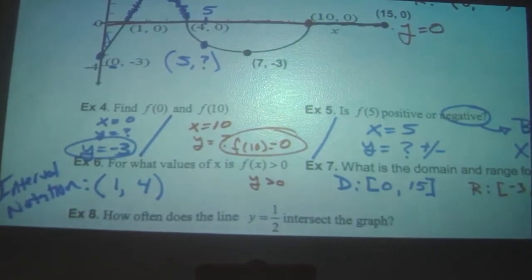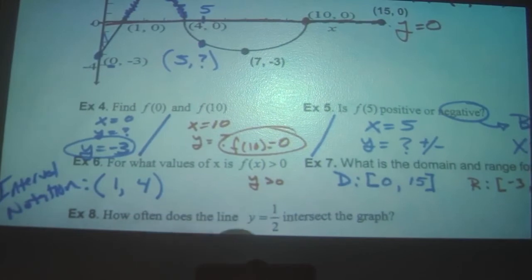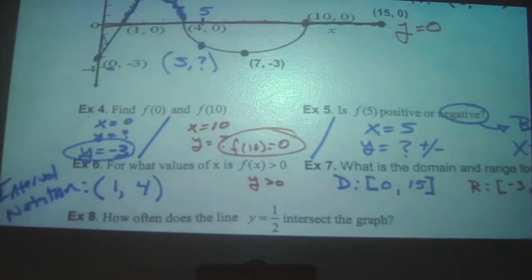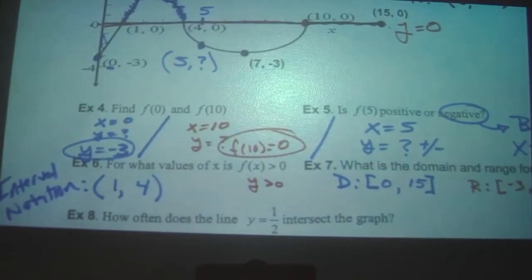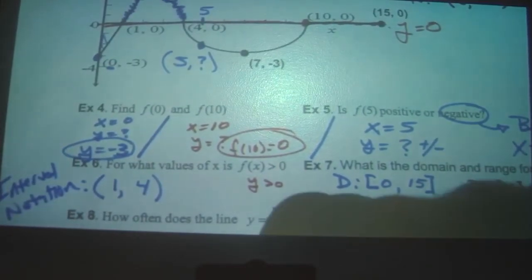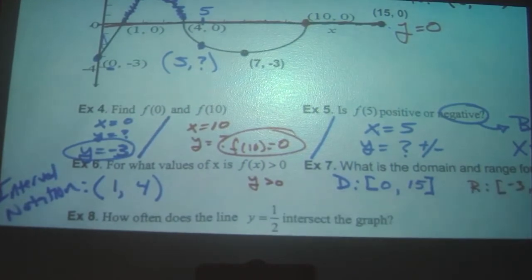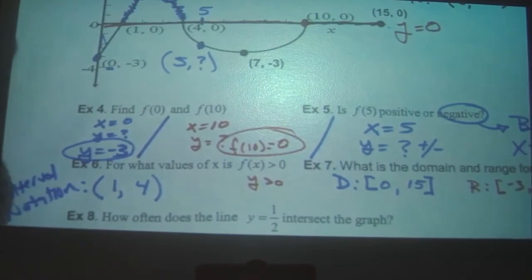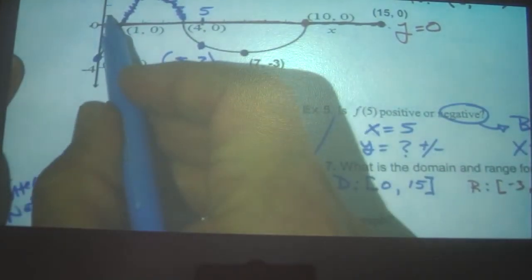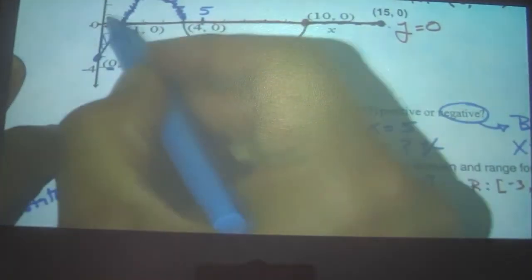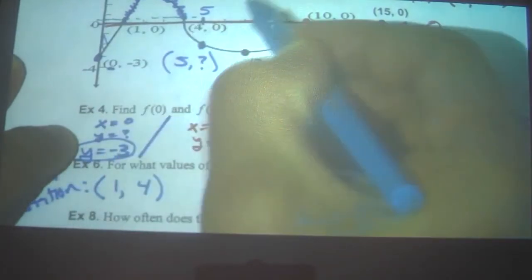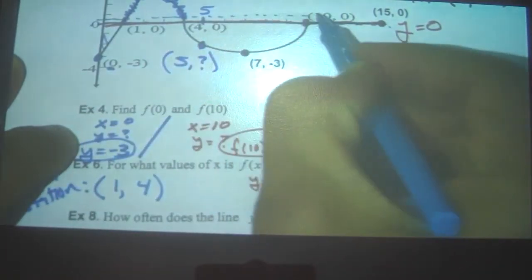All right, last but not least, I got how often does the line y equals 1/2 intersect the graph? Okay, so again, y equals a constant has 0 slope, horizontal. If I have a horizontal line, it's going at 1/2. So here is 1, here is 0, so it's right in between 0 and 1.